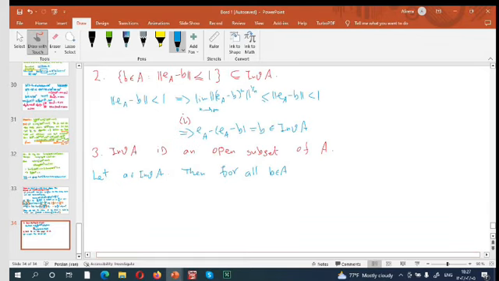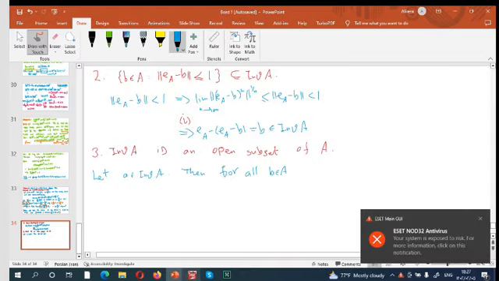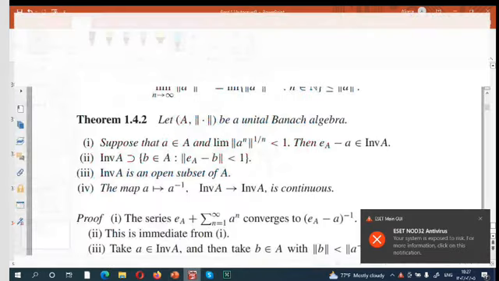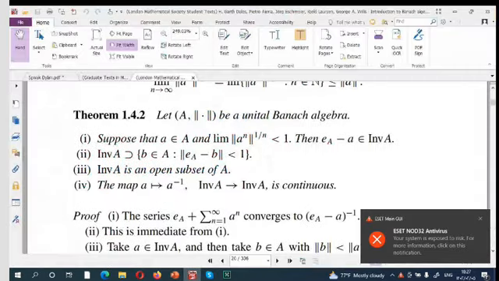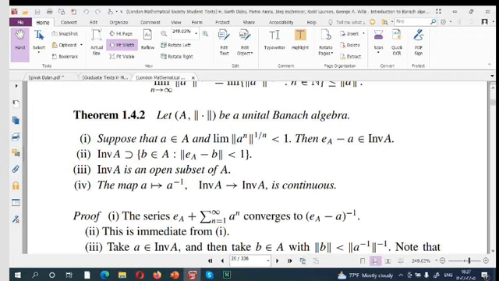For all, let me remember we are proving this theorem in any unital algebra. We have these properties.